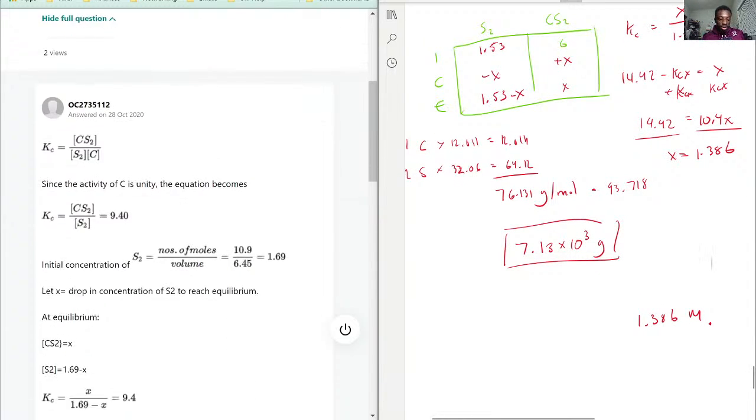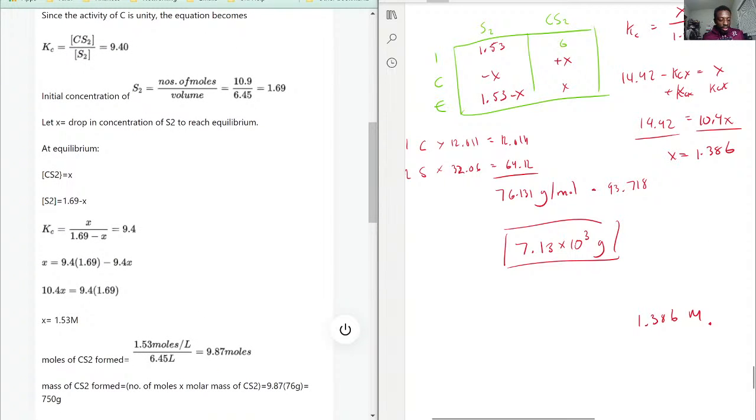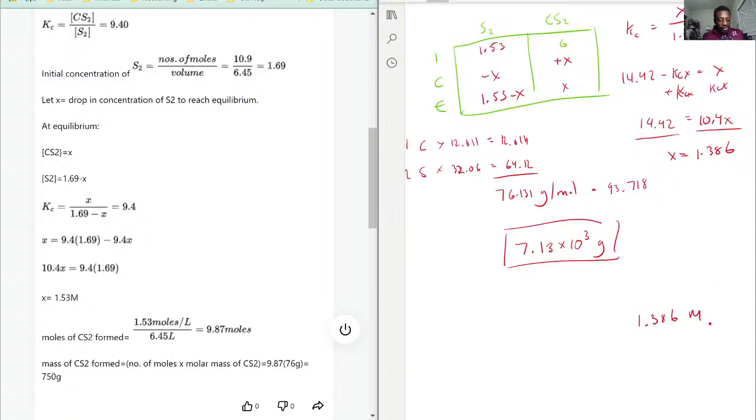Let me see here. Okay, they got that. And yep, 6.5 times that answer, 9.01. We have 9.01 moles.